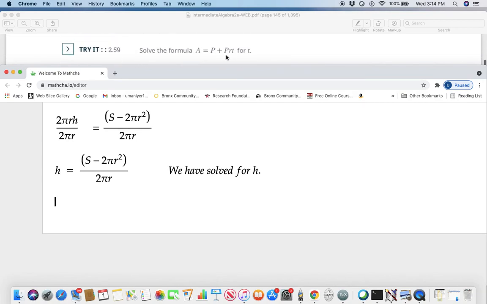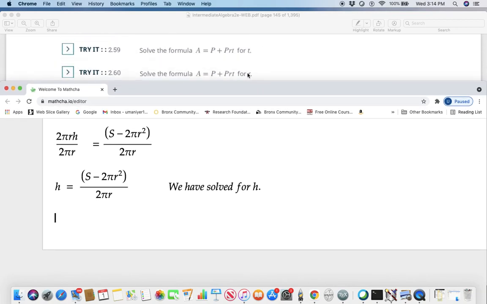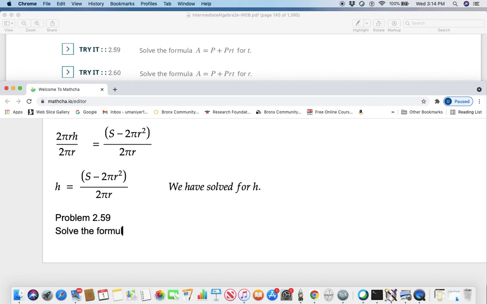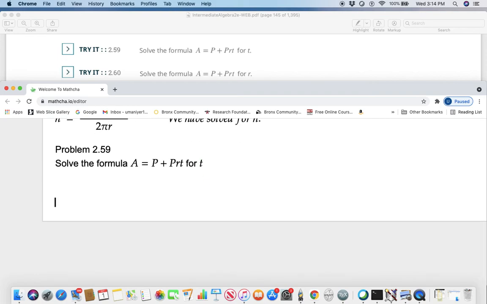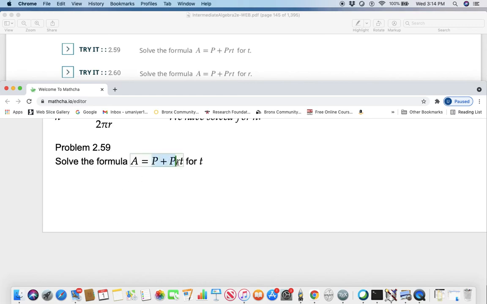Let's try one more example. There are two different examples, so they are both very nice. Problem 2.59. Solve the formula A equals P plus PRT. You want to solve it for T. As always, we keep the expression involving T on the left just so it's easier to manipulate.